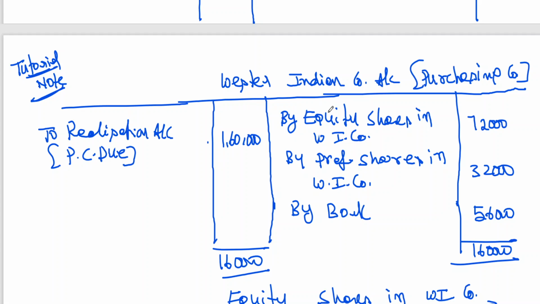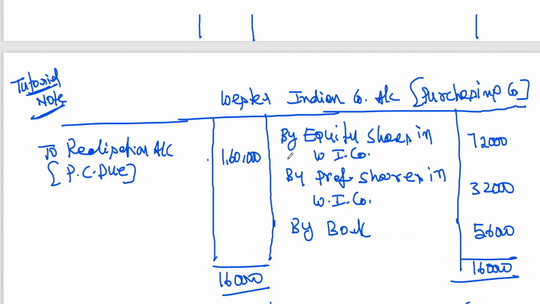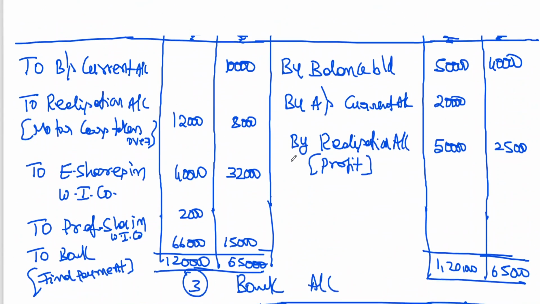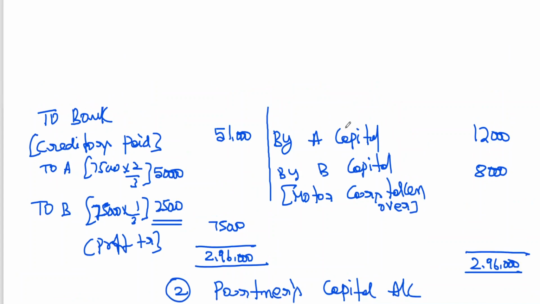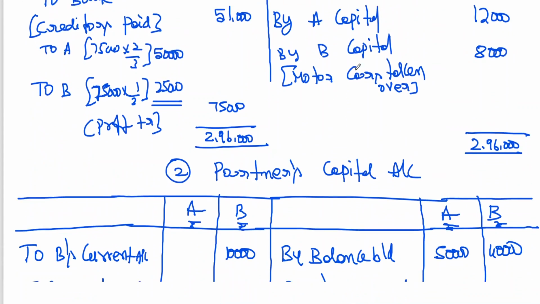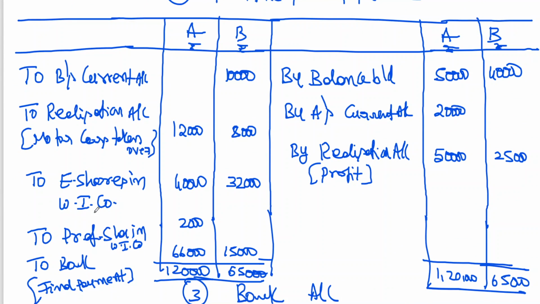I will be explaining both, but after doing the problems, I think without opening these accounts also we can do it. In simple words, if you don't open them, what we write here is by purchasing company, that's it. If shares are being given, you'll be writing to shares, that's it. And the remaining accounts are not required. But to close the dual aspect, since it is the first time you are learning how to open the purchasing company account, I have taken this up.